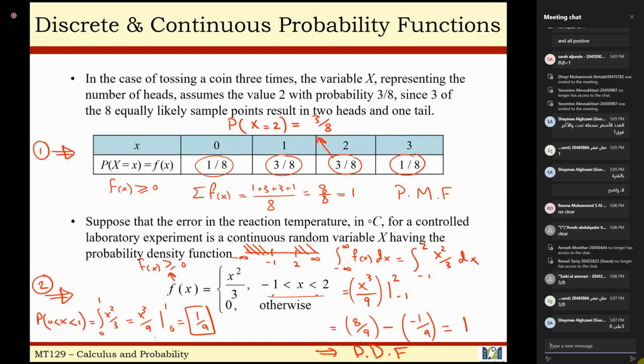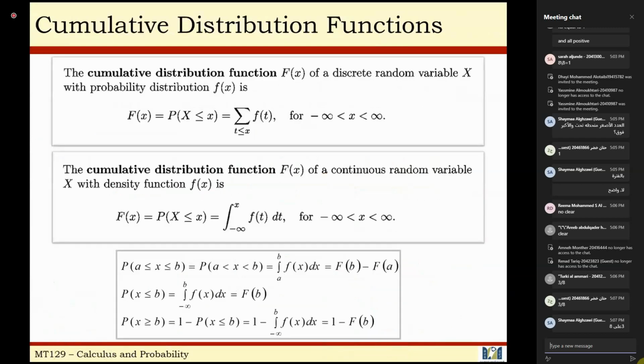Now if we have cumulative, this is F capital. In the discrete case, cumulative equals what? It means x less than or equal to x, so we need the summation from x and less than x.